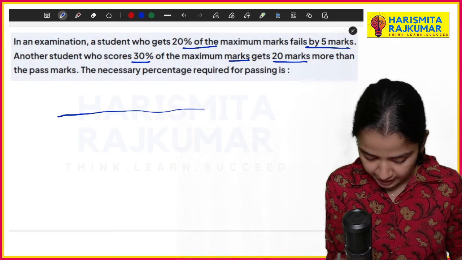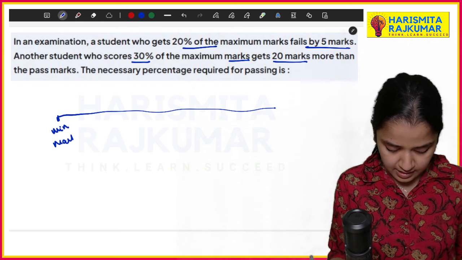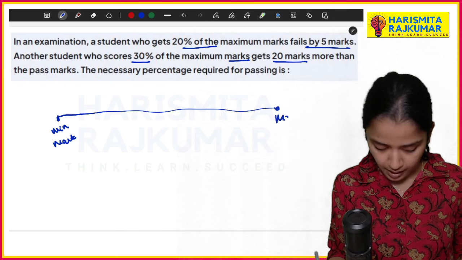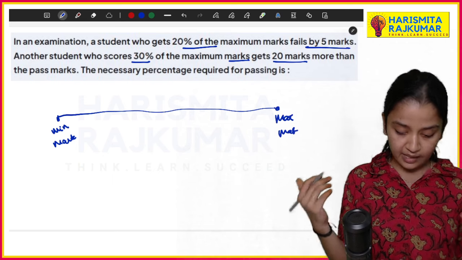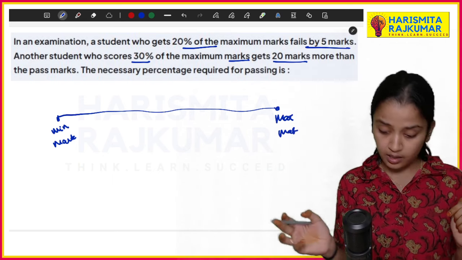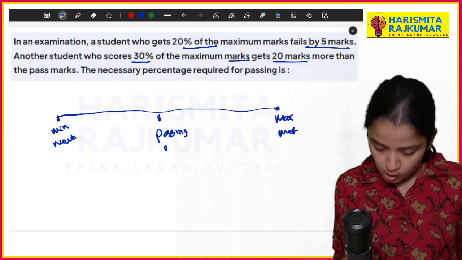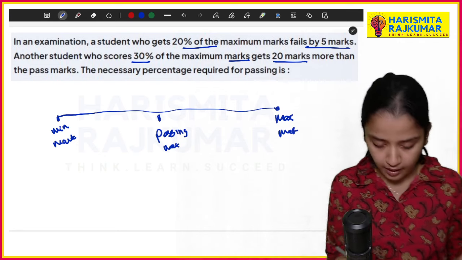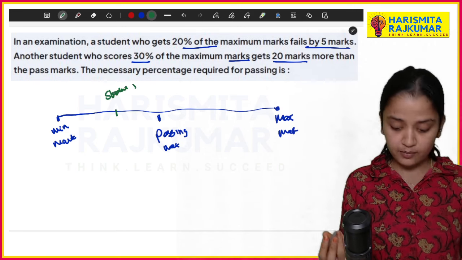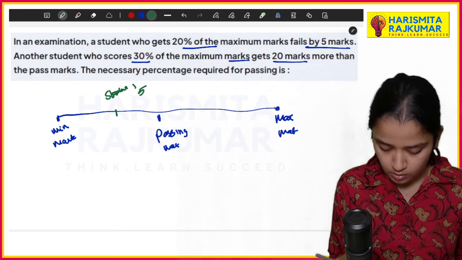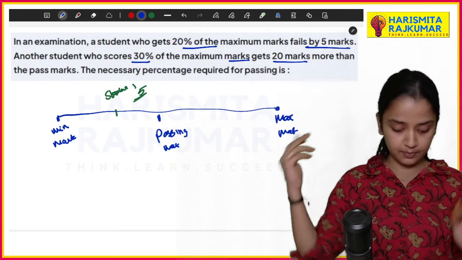So let us put a timeline where this is the minimum mark and this is the maximum mark. Okay, student 1 got 20 percentage of the maximum mark, but if this is the passing mark, student 1 failed by 5 marks. So to reach the pass mark, he needs 20% plus 5.